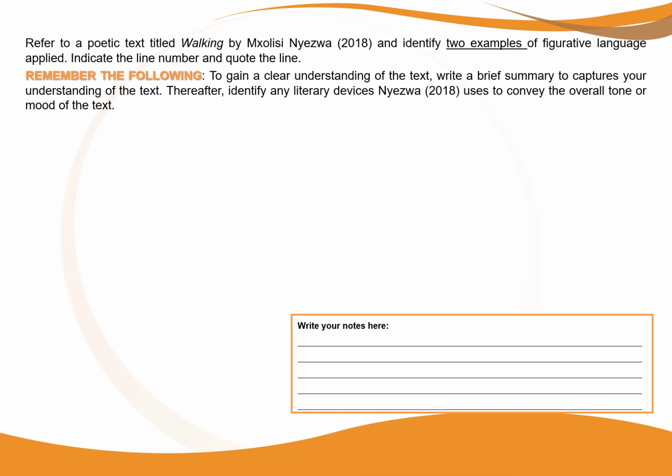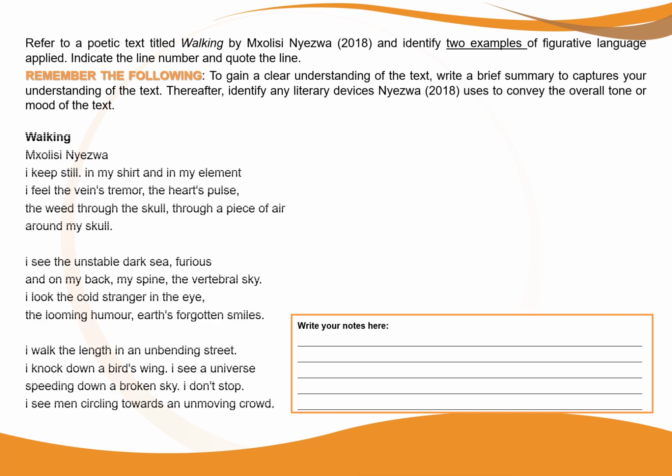To gain a very clear understanding of the poetic text, before you even touch on the questions, write a brief summary that captures your understanding of the text. From then onwards, you identify the literary devices that the poet uses to convey the overall tone or mood of the text.